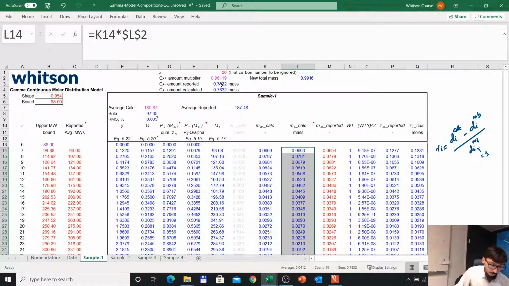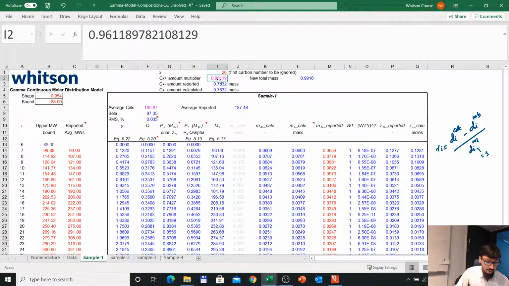Okay, and then Cx plus amount multiplier. This is something that we change during the regression. Because as we discussed before, when we are doing the gamma distribution model to match the relative areas, the process should also give us a new total calculated mass, which is here.